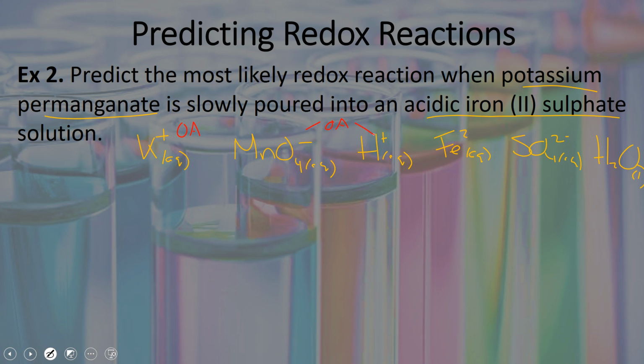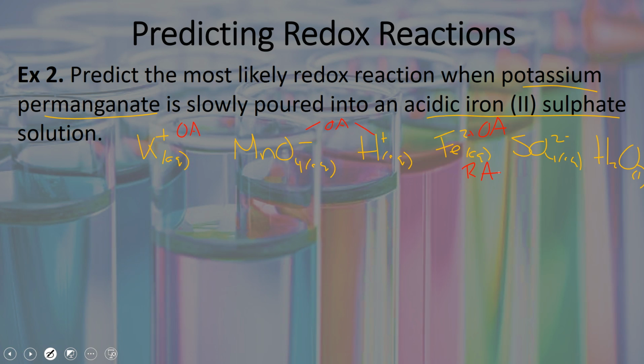Then I go to the iron 2+ ions. That's the Fe2+ ion. So this is both an OA and an RA. If it's iron 3+, it can only be reduced to iron Fe2.